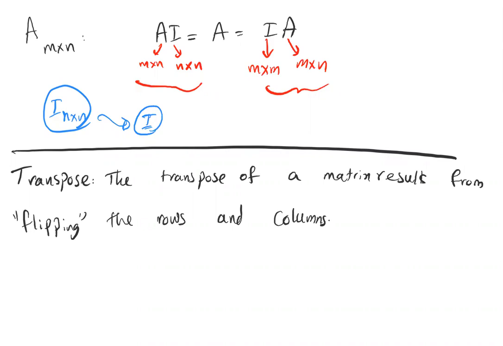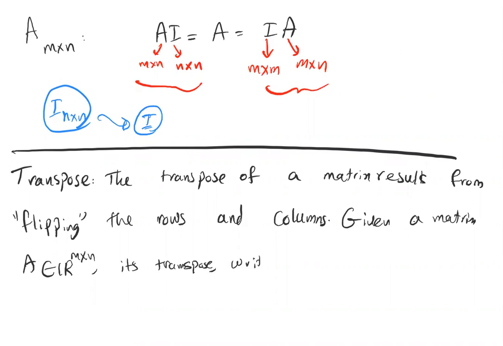So, for example, given a matrix A, which is m by n, its transpose, which is written as A transpose, is the n by m matrix whose entries are A transpose_ij is equal to A_ji.